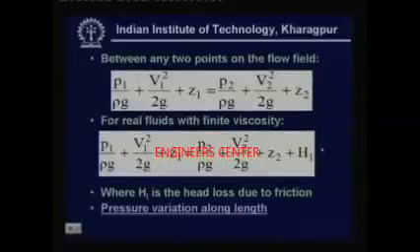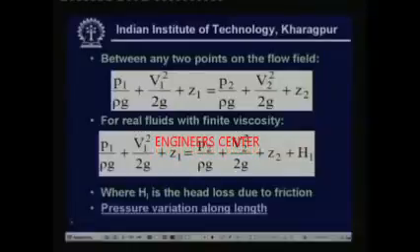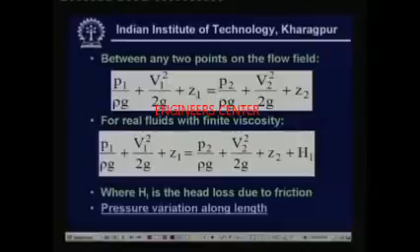Now between any 2 points in the flow field you can write Bernoulli equation in this form. For example, I am writing this between point 1 and 2, then the summation of static head plus velocity head plus head due to datum is equal to the static head plus velocity head plus datum head at point 2.